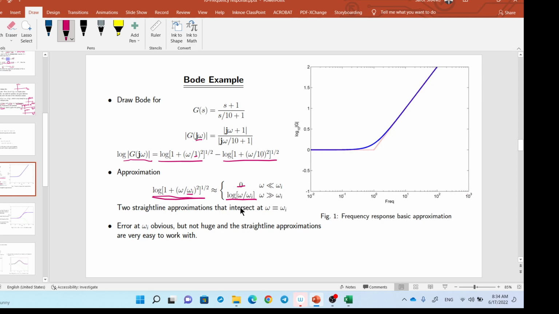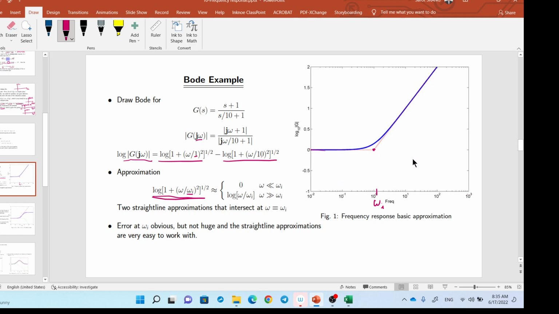So now you got two straight line asymptotes. One is 0. You draw the asymptote from very small omega, which means from 0 omega, but for the log scale value, it's close to minus infinity, right? So this is close to omega equal to 0, and here is omega I. So at the omega I, you draw two asymptotes.